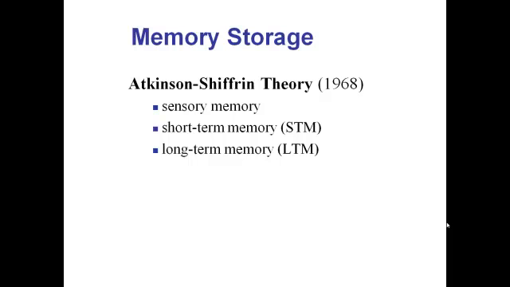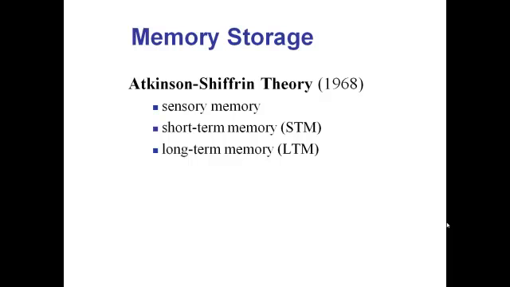We need to talk about the encoding storage in terms of three different, according to the Atkinson-Shiffrin model, three different ways of storing memory, three different storage places, if you want to put it that way. There's your sensory memory, your short-term memory, and your long-term memory.